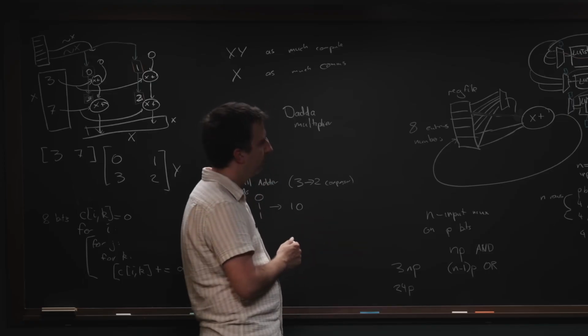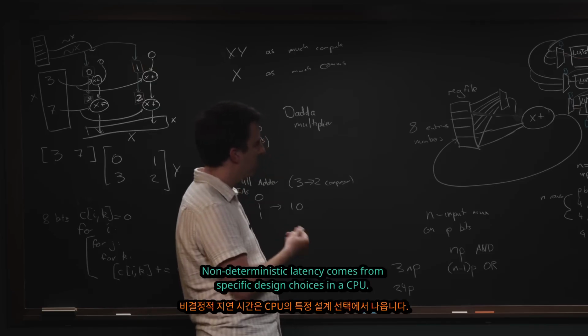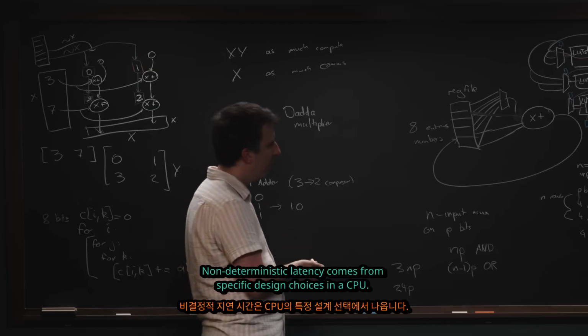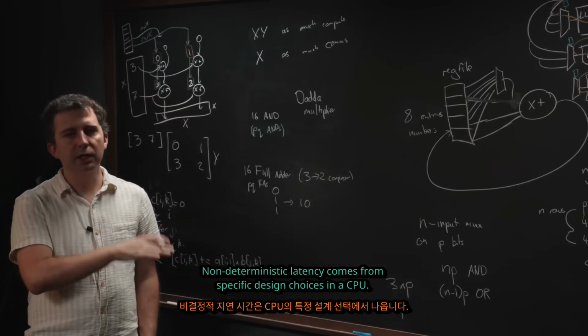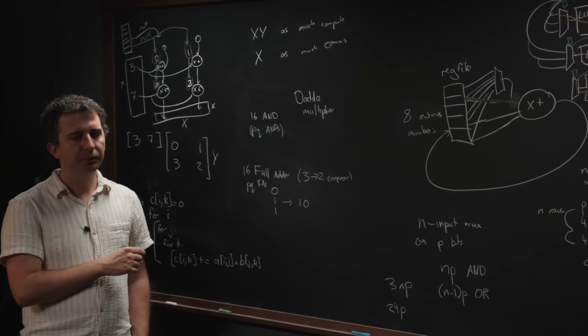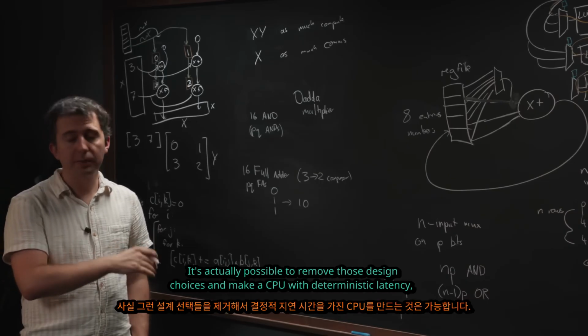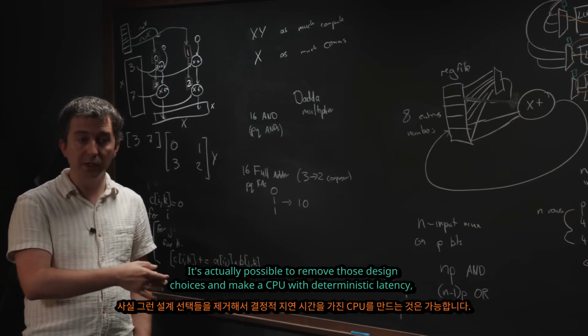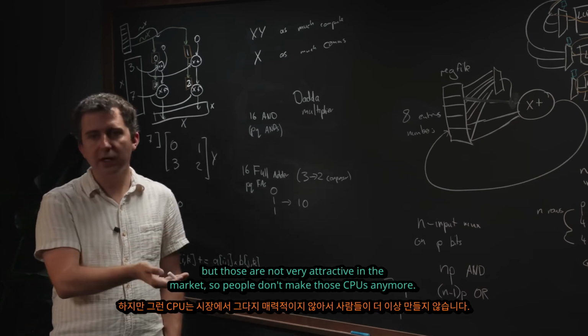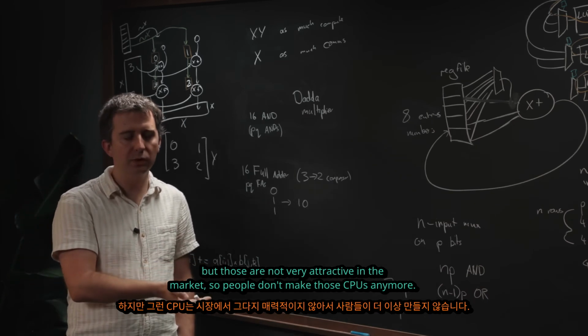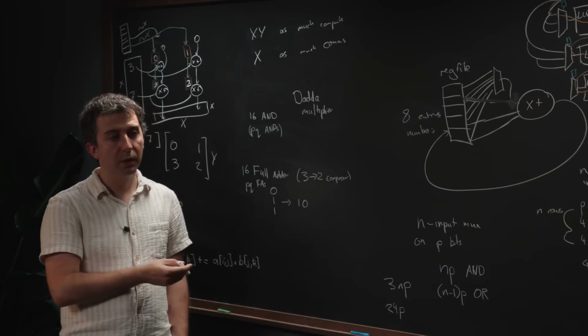And so where does the non-determinism in latency come from? Non-deterministic latency comes from specific design choices in a CPU. It's actually possible to remove those design choices and make a CPU that has deterministic latency. Those are not very attractive in the market, and so people don't make those CPUs anymore.